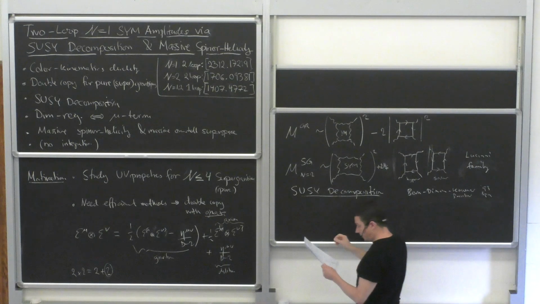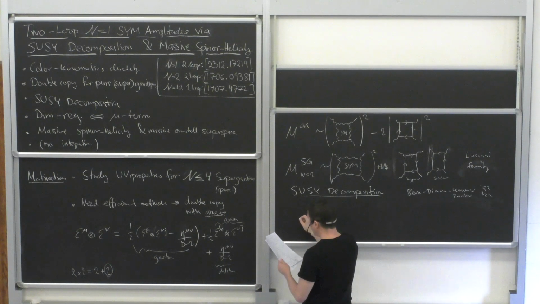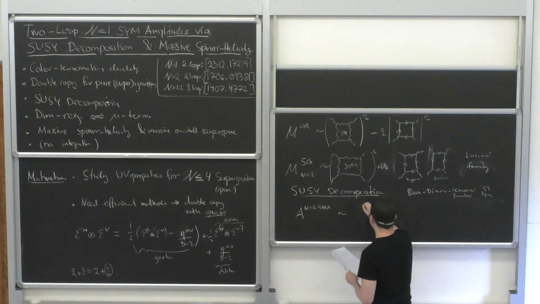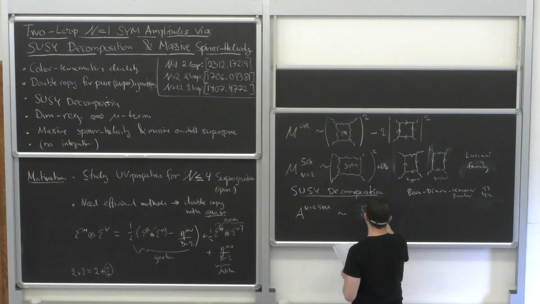We can recycle stuff. So for example, if we want to compute n equals 2 super Yang-Mills amplitudes, then what we can do is start from n equals 4 super Yang-Mills. Let me again just draw one diagram as an example.